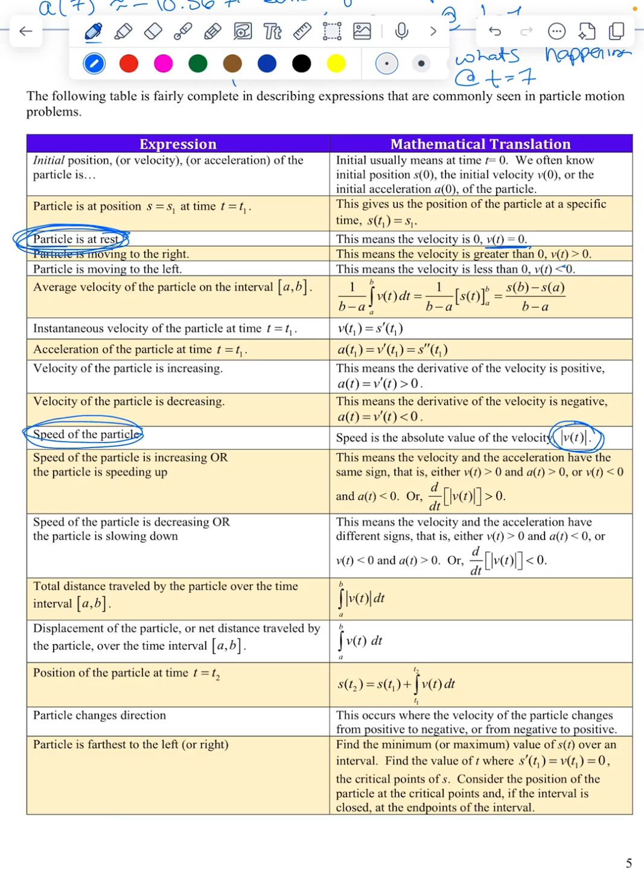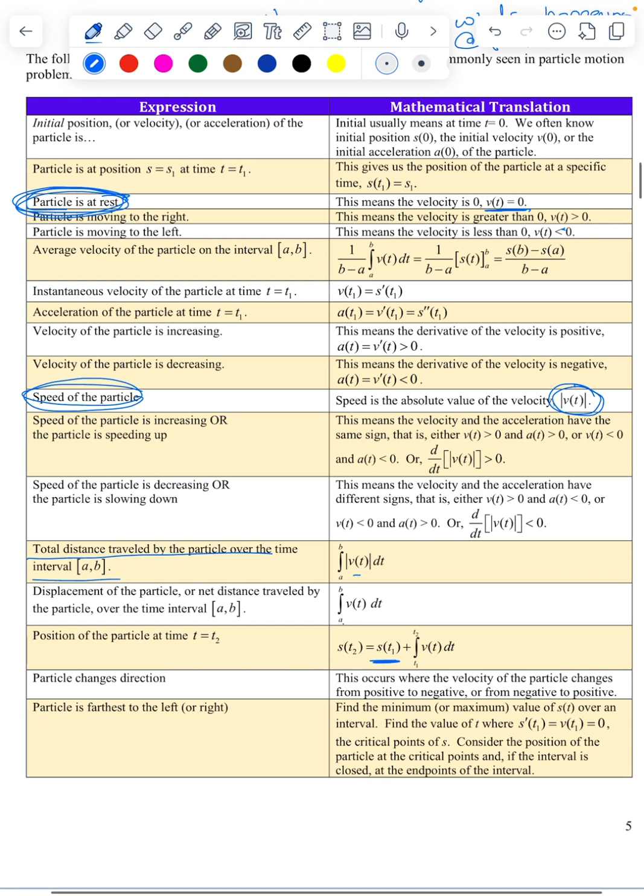Total distance traveled over the interval is going to be the integral from a to b of the absolute value of velocity. Displacement is the integral of v of t without the absolute value. Position, remembering the initial position, and then from that, integrate, and so on.